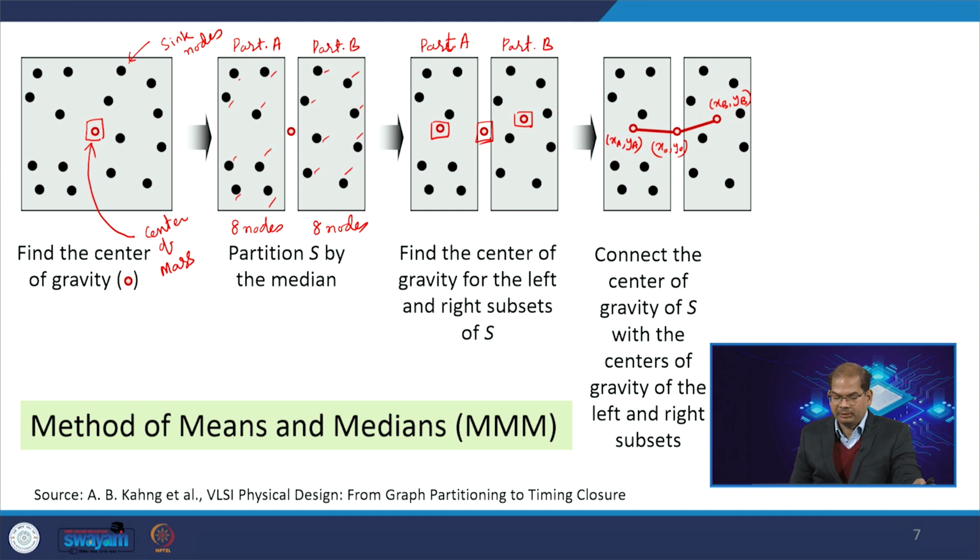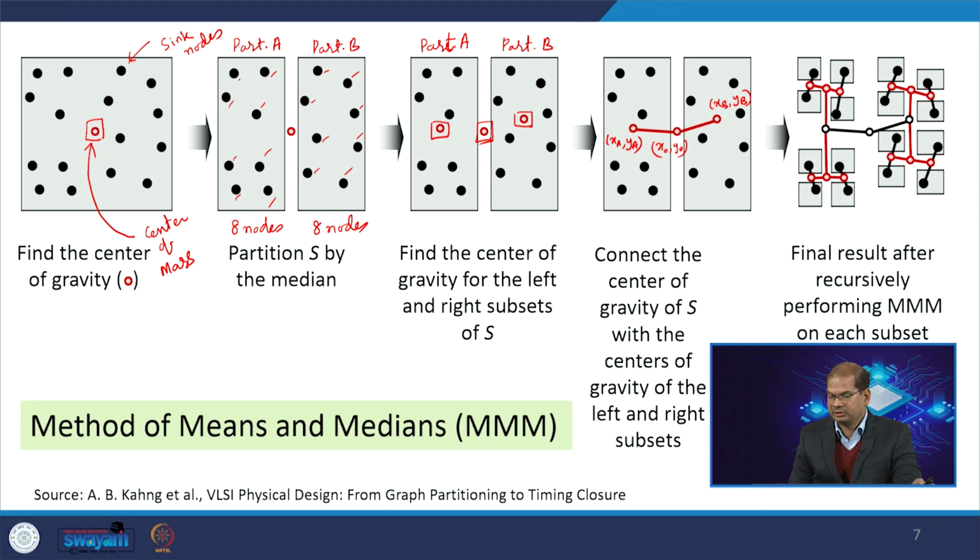I will repeat the same procedure for the rest of the nodes and create this kind of clock tree. So, this is one method of finding the clock tree, called the method of means and medians.